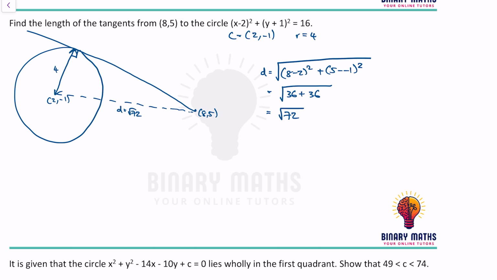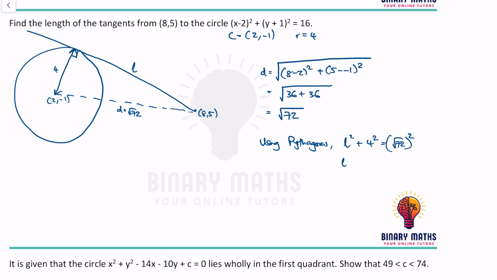Now I'm trying to find the length of the tangent from (8, 5) to the circle, so I'm trying to find this length L. Using Pythagoras, I know that L² + 4² must be equal to (root 72)².